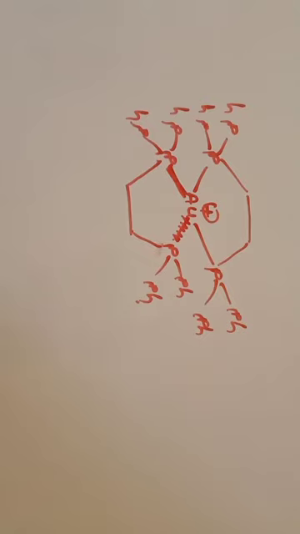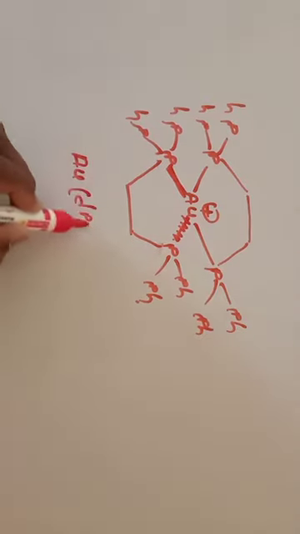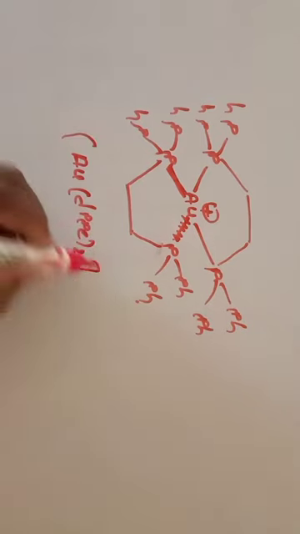So this is your [Au(DPPE)2]+, having a positive charge.